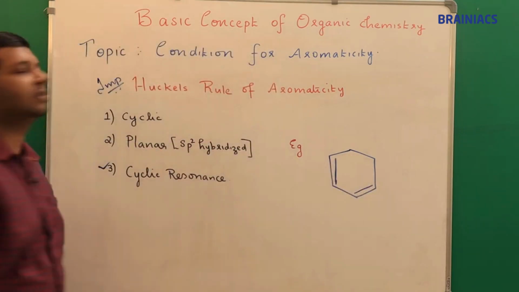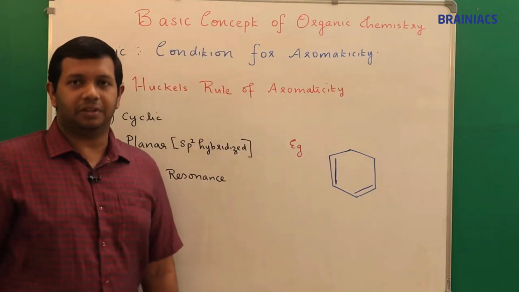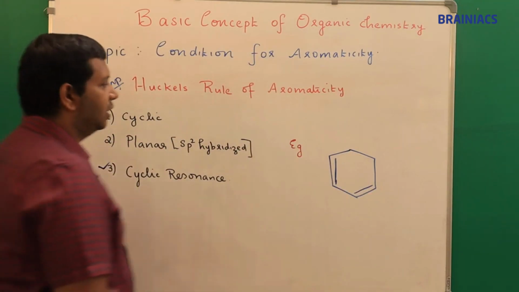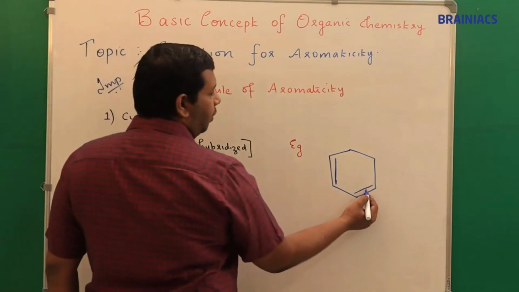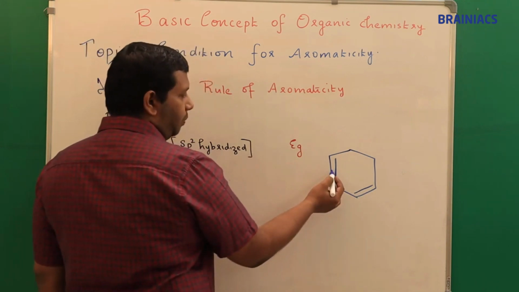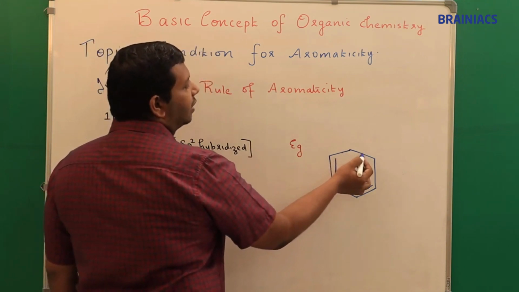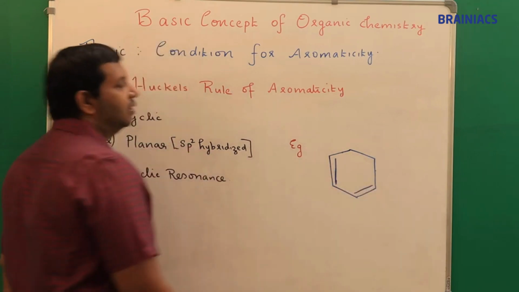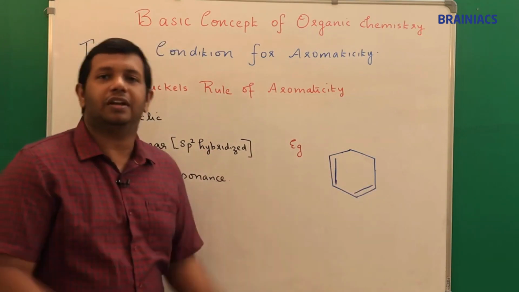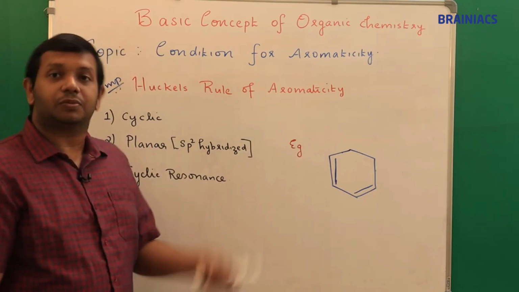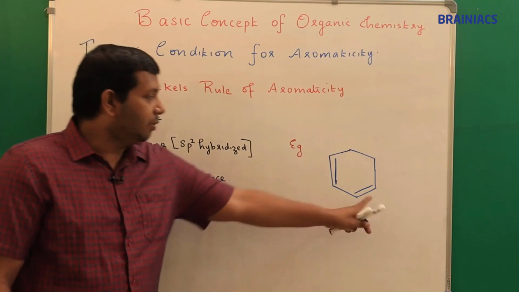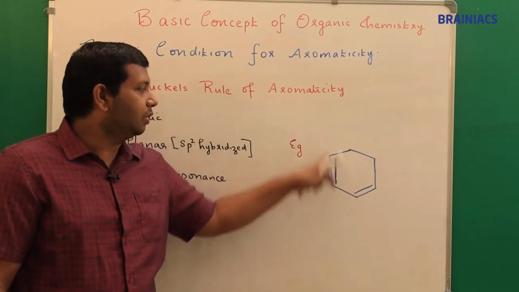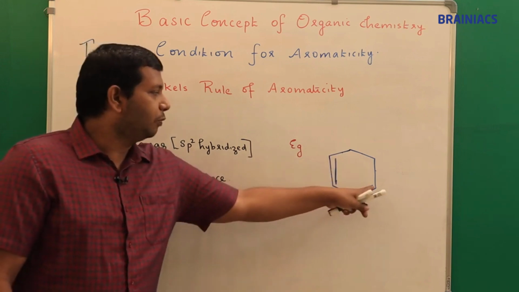Now can you tell me in this compound whether cyclic resonance is present or not? How will you check? I can start from anywhere. Double bond, single bond, super. Double bond, single bond, but again here single bond, again here single bond. I can say there is no cyclic resonance. But if somebody asks whether resonance is present, yes, double bond, single bond, double bond. So it keeps on moving only from here to here.